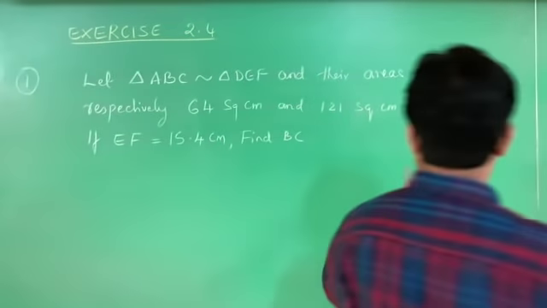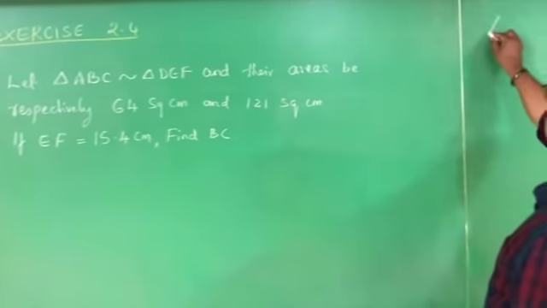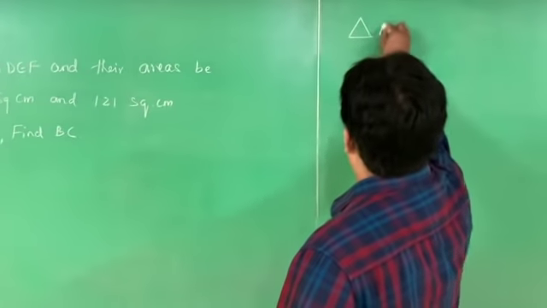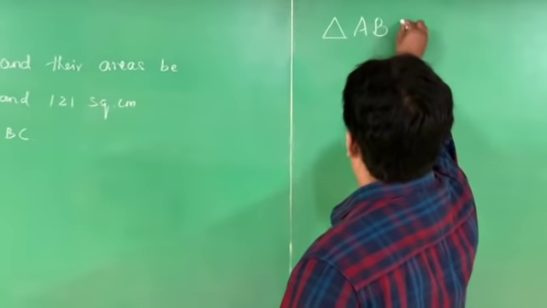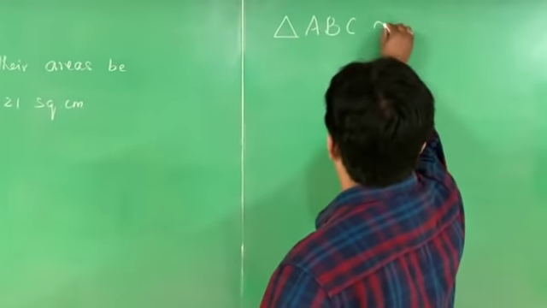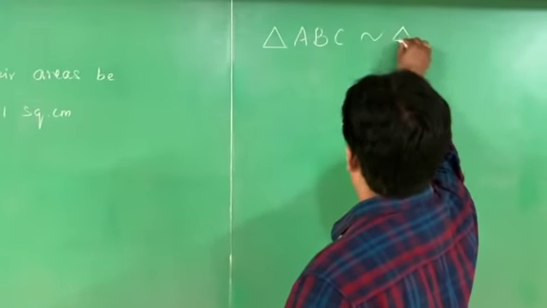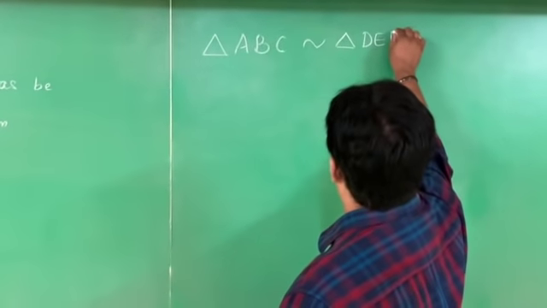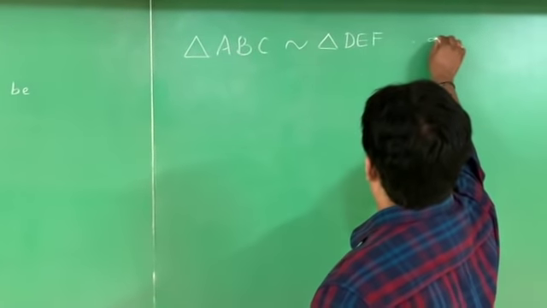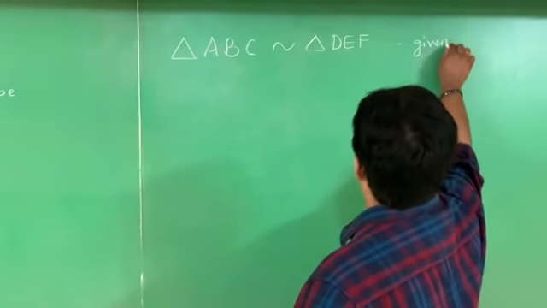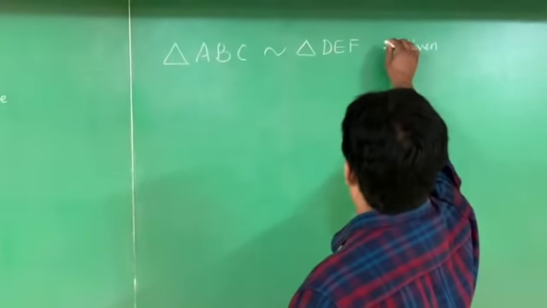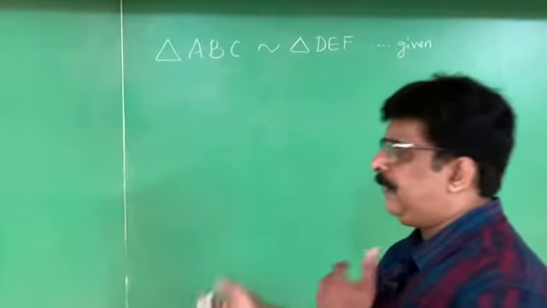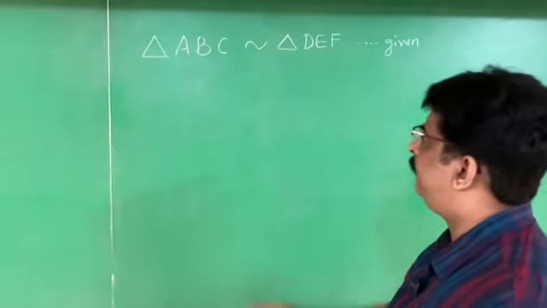What is given is triangle ABC similar to triangle DEF. See how easy the problems are. Once you concentrate and understand one problem, the remaining problems you can easily solve.